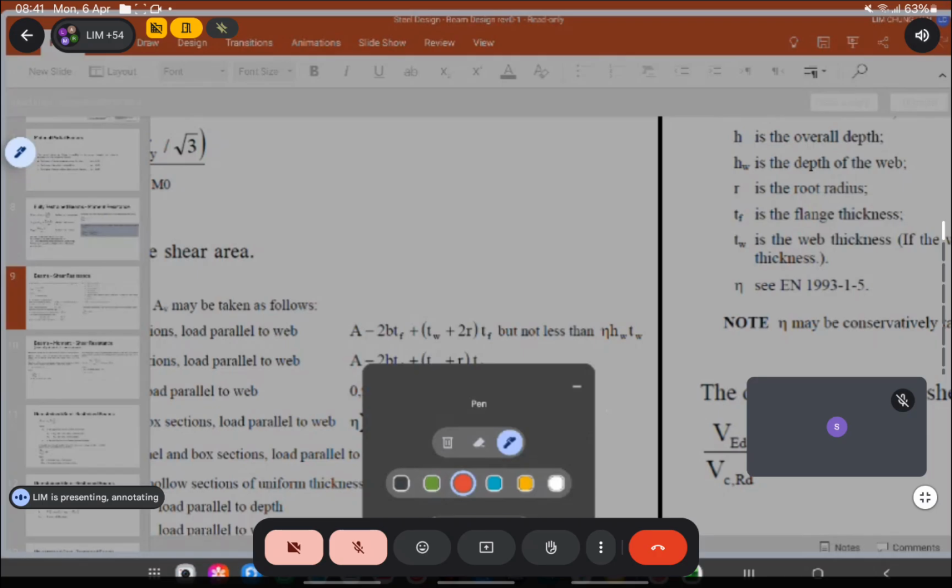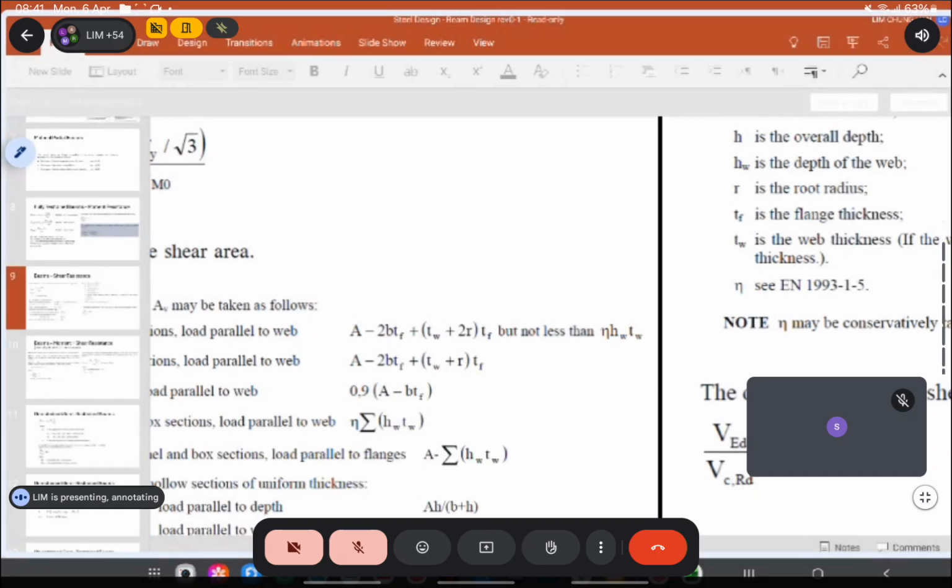To be honest, all these numbers are in the section table as well. I'll show you later. A is the cross section area, and this is in the Excel table. B is the width, also in the Excel table.